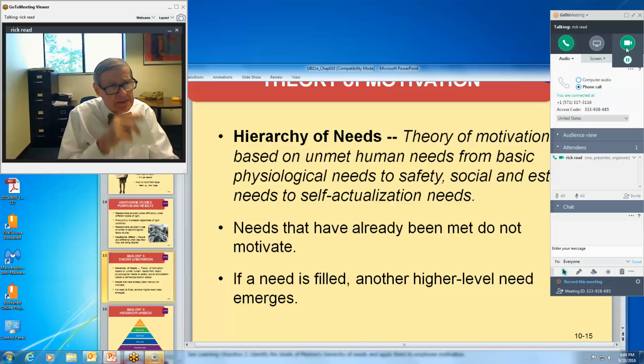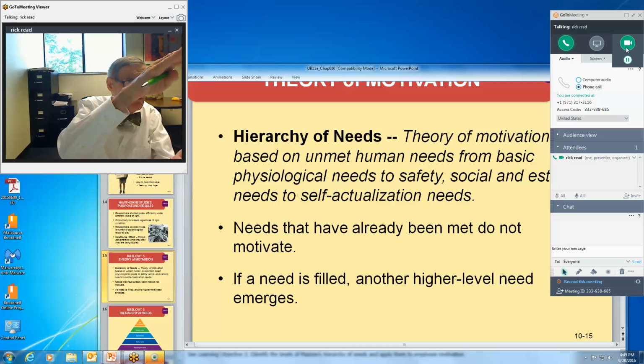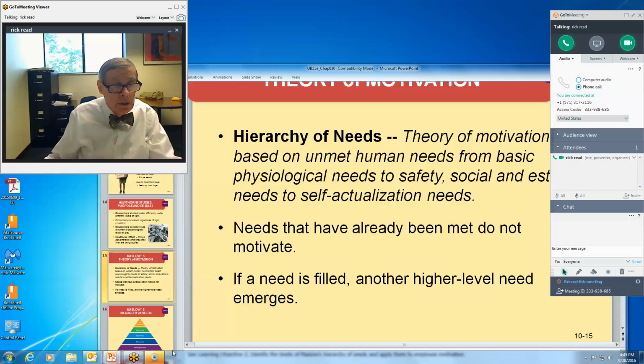What Maslow is saying here, or what he did say, is that you cannot move to a higher level need until a lower level need is satisfied. And so he's saying that you can't move up this ladder, if you will, up this pyramid, which we're going to show.